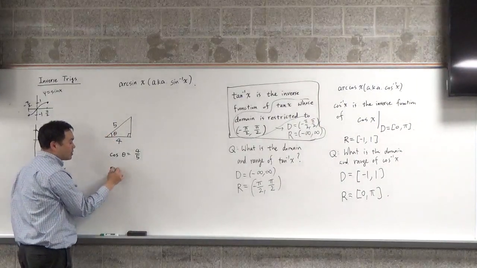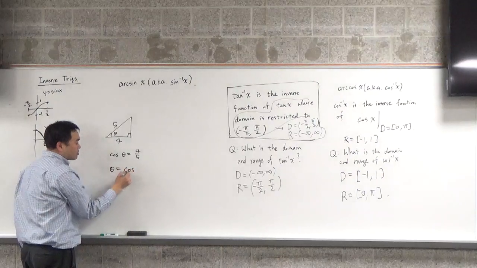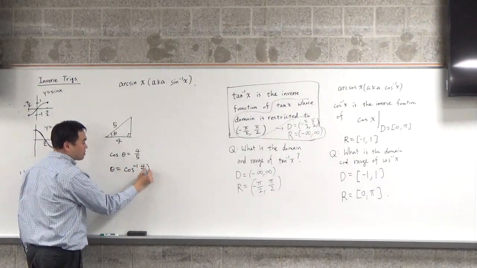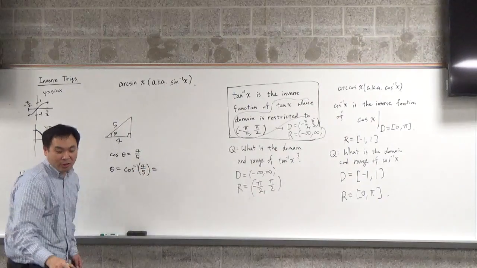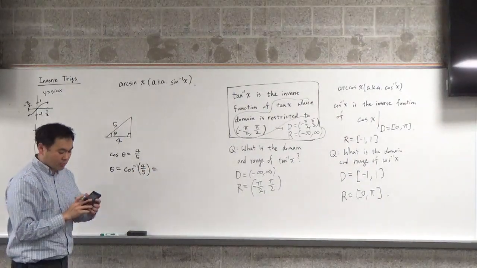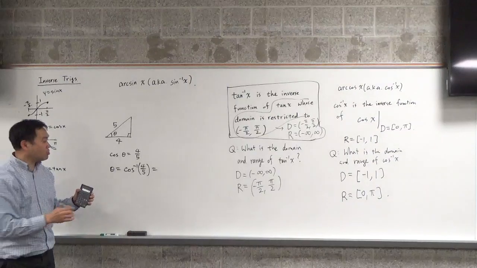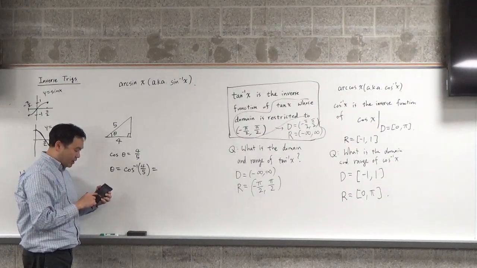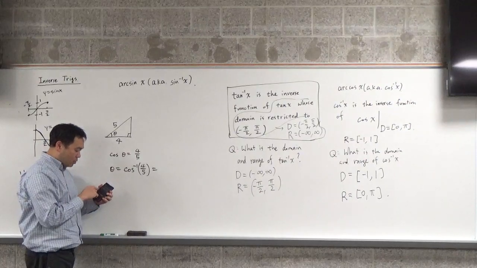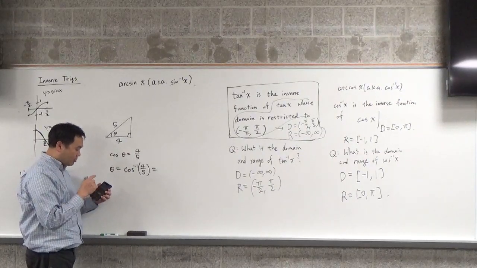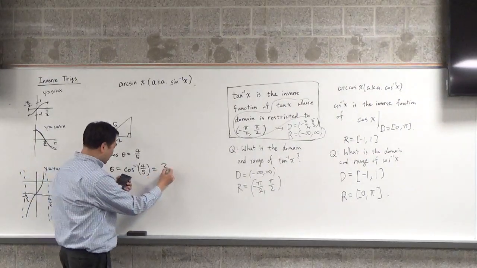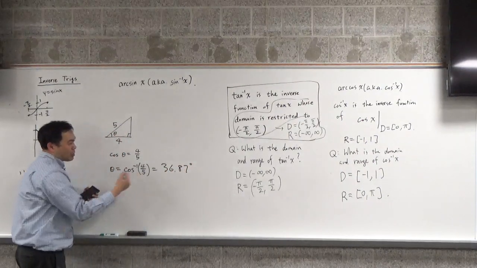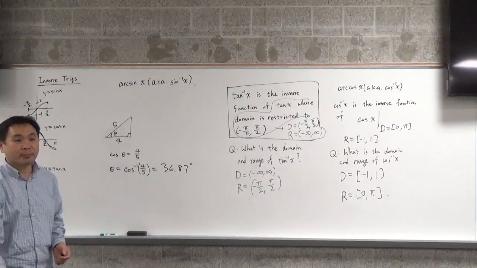So what is theta? It's given by cosine inverse of 4/5. And you have to use a calculator. So 4 divided by 5, and then you take the cosine inverse, and that gives you 36.87 degrees, or about 37 degrees. Okay?